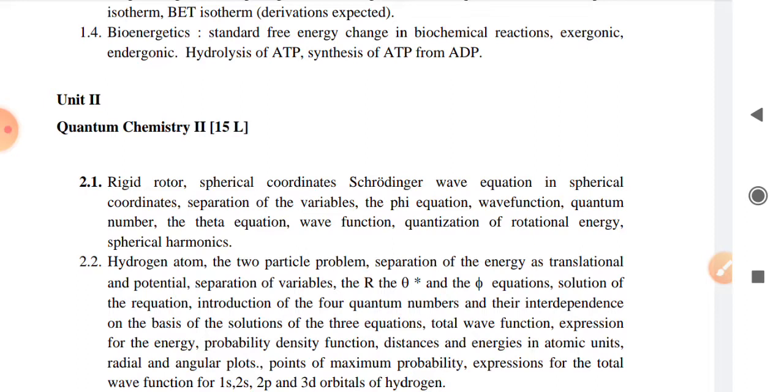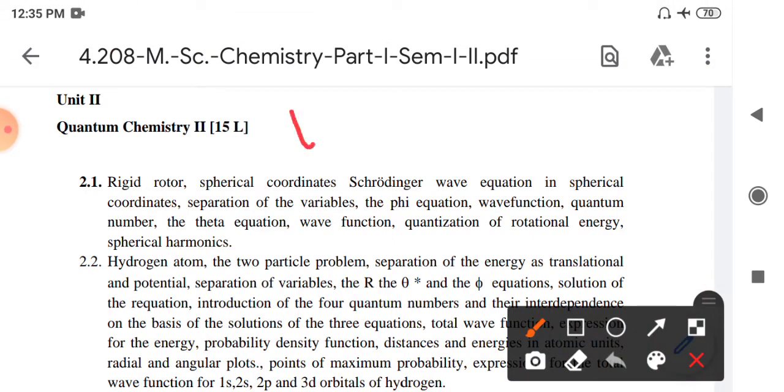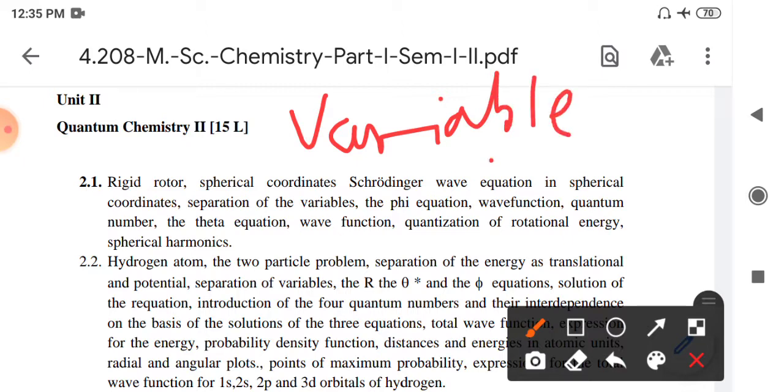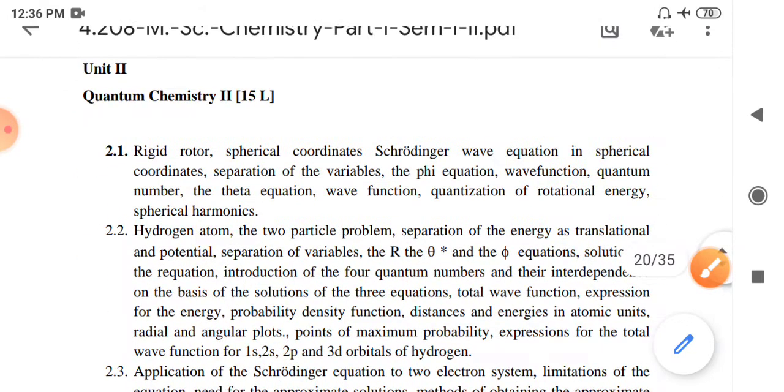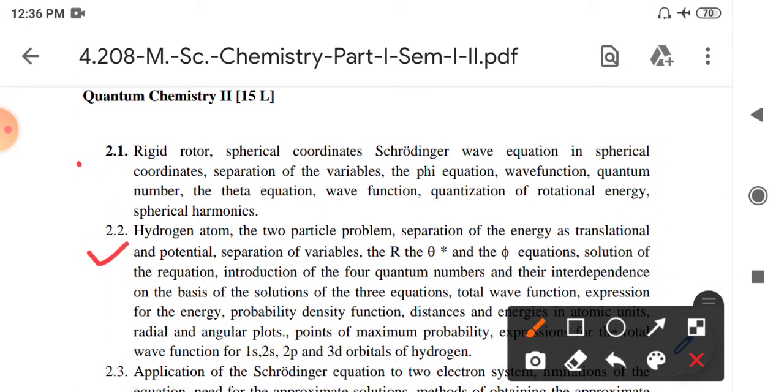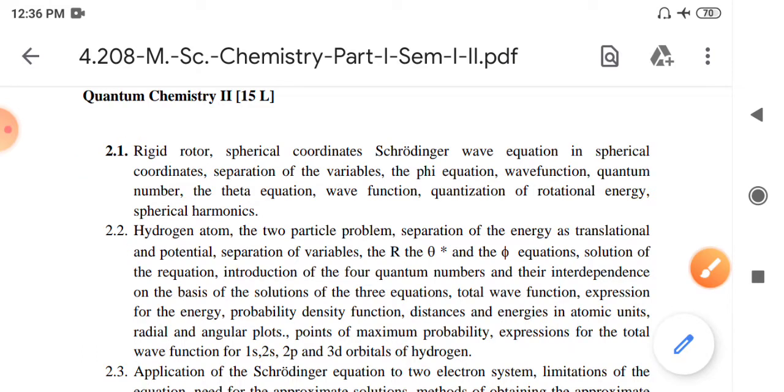And one important thing is the variable separation method. Try to revise the variable separation method, because we'll thoroughly use it for solving the rigid rotor or the hydrogen atom problem, that is the R, Theta and Phi equations. So try to revise those previous things.